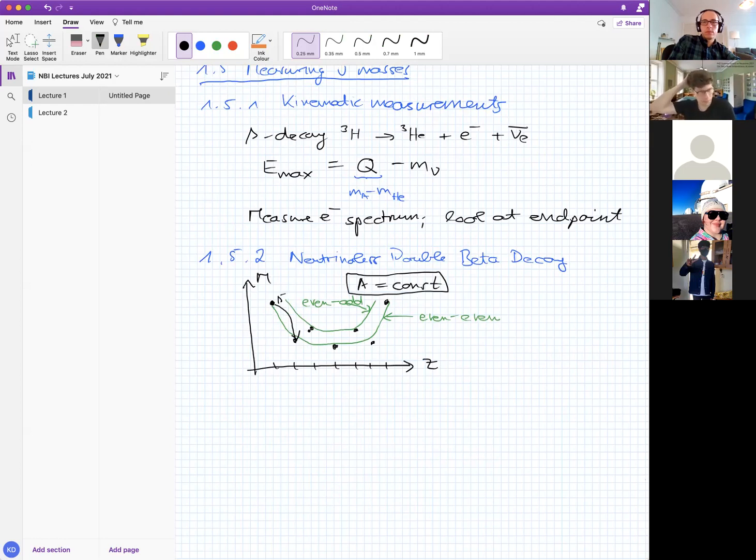But now this one cannot decay any further. So a decay to the next state is forbidden, but a decay down here is allowed. But this requires skipping one nucleus. So we have to convert two neutrons into protons at the same time. So this would be a double beta decay.